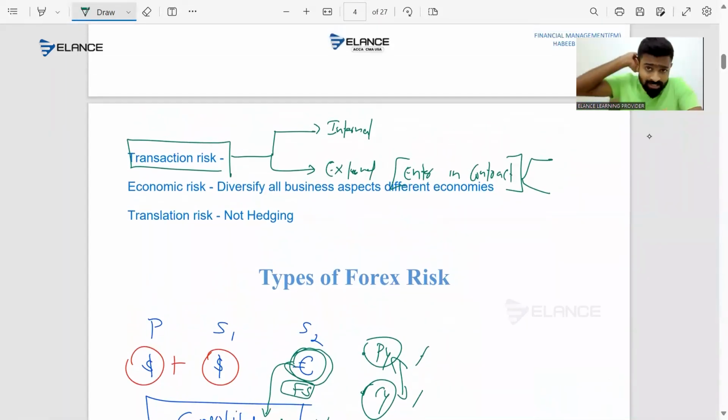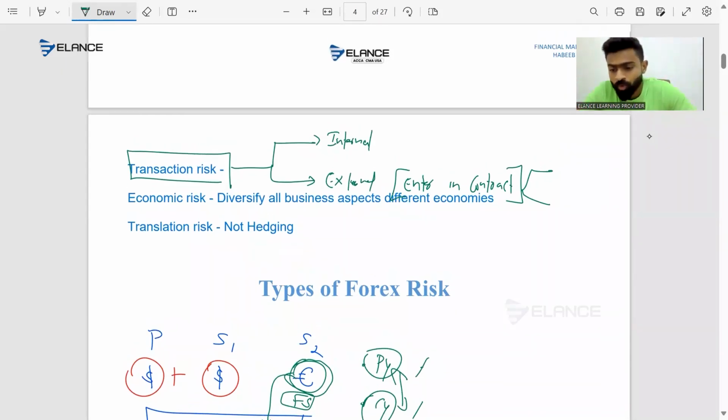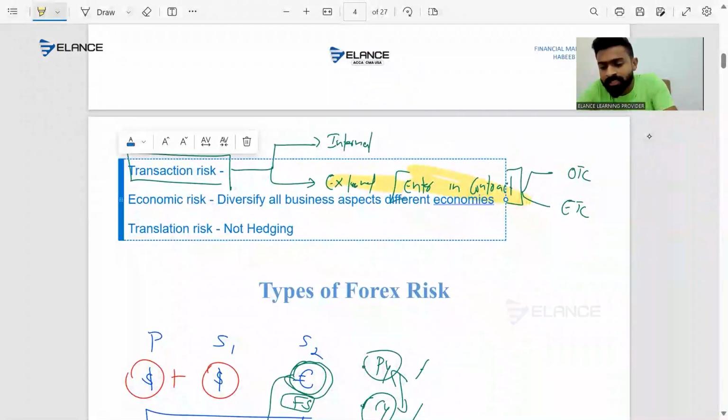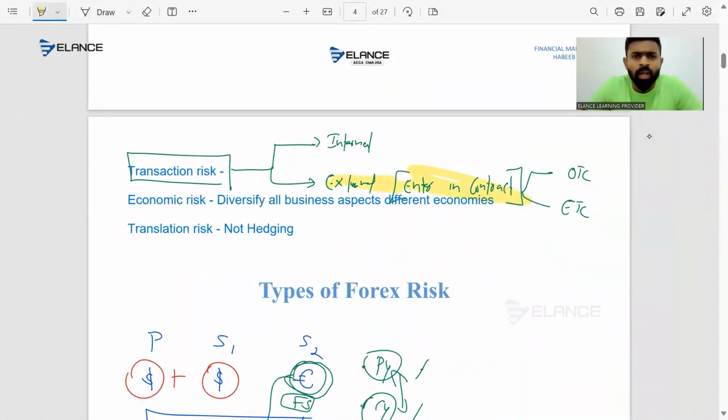For external hedging, there are two types of contracts available. One is over the counter contracts, the other one is exchange traded contracts. I'm going to focus on this part. External hedging is the most confusing area. In between, there are a lot of easy marks topics, but I'm not considering that.